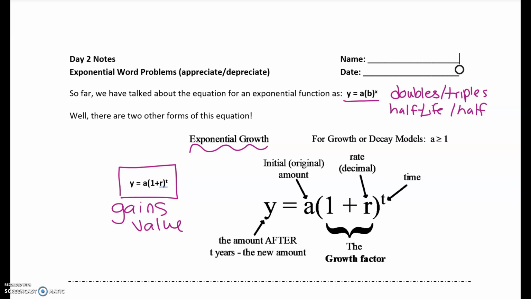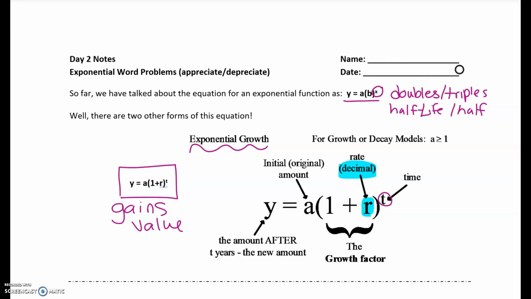Over here on the right-hand side, you're going to see it broken down into some pieces. Our A value here is going to still be that same original or initial amount. Our R value is still going to be our rate. The only difference here is we need to make sure we use it as a decimal. Our T is time, which is the same as our X in that original.